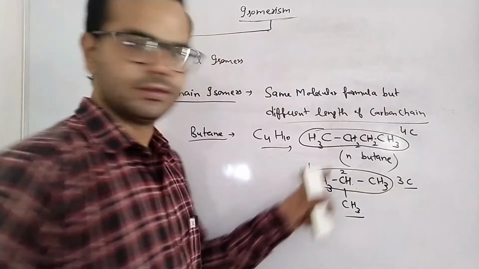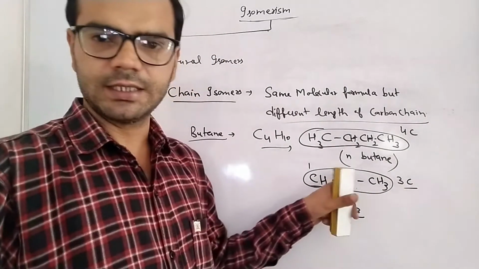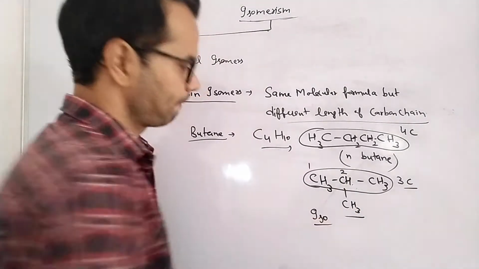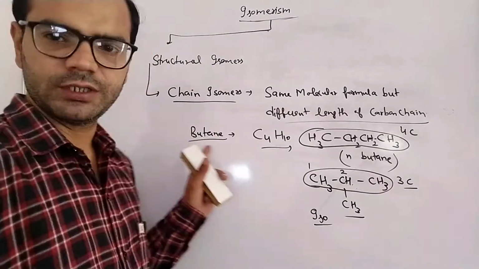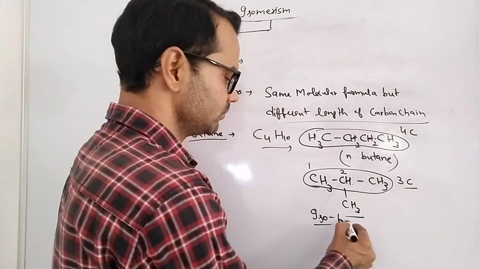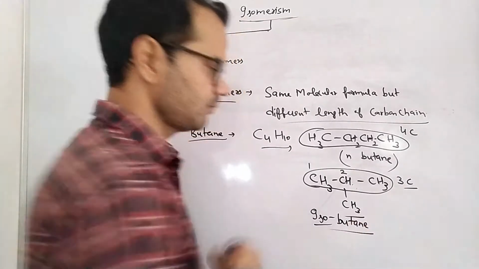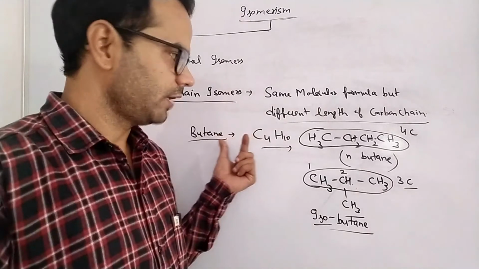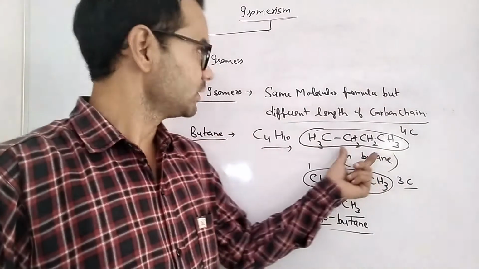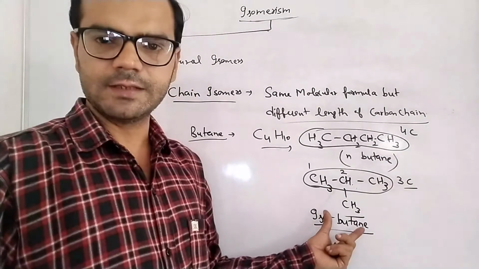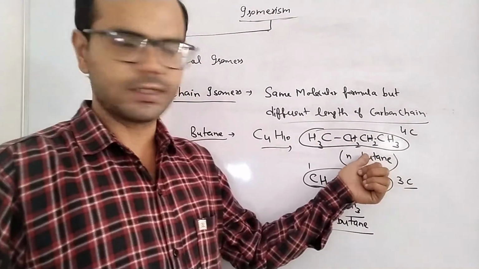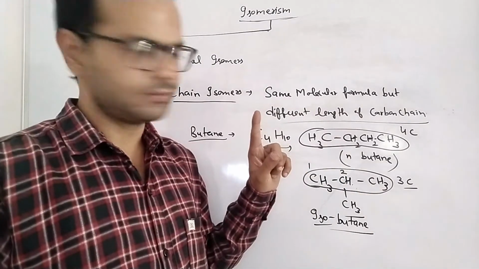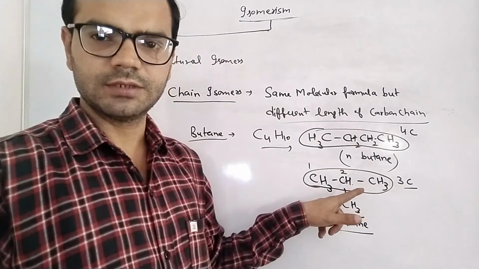If there is a single branch at the second carbon, then the isomer is called iso. And we have the compound butane, so this is isobutane. So butane has 2 isomers, N-butane and isobutane. N is a straight chain of 4 carbons, iso is a branched chain with 1 branch at the second position, right?